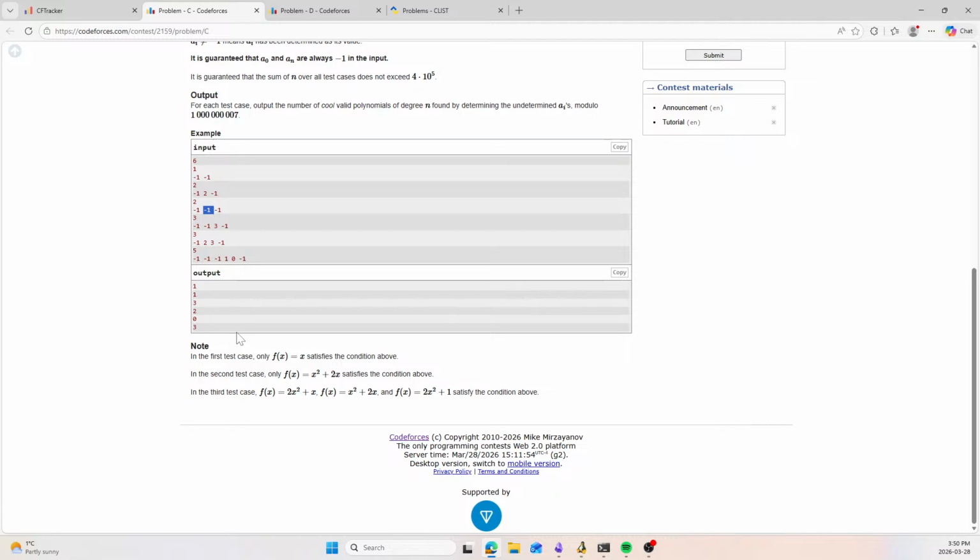Whatever this is, it would just be equal to x0, 0x squared plus x plus 2x0.